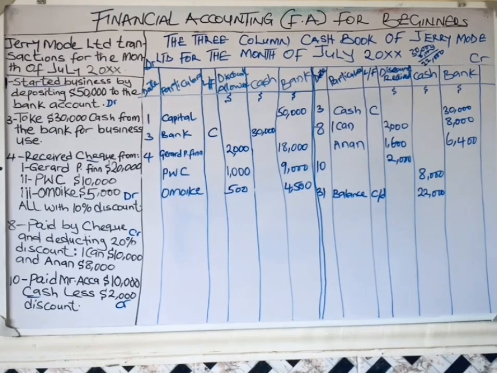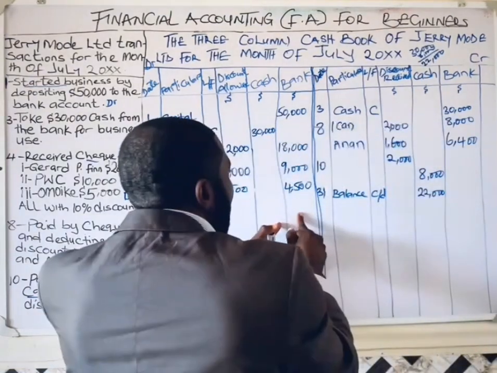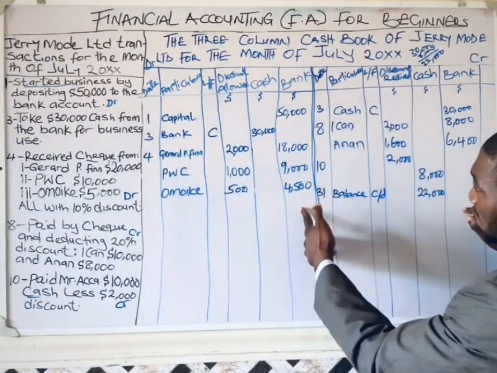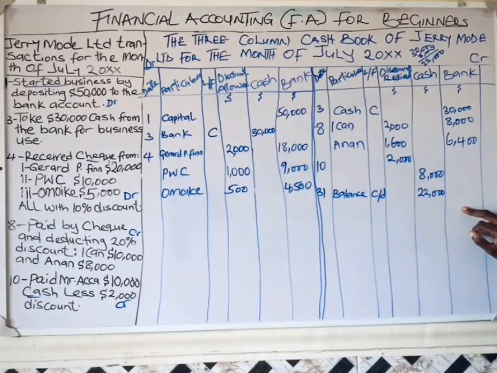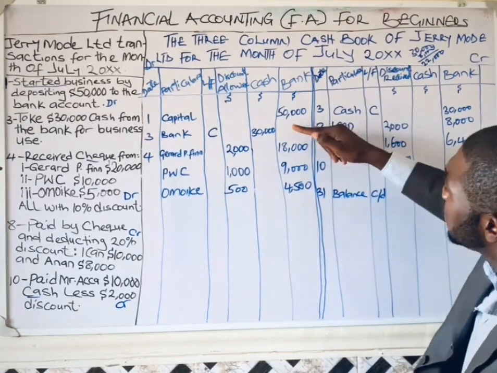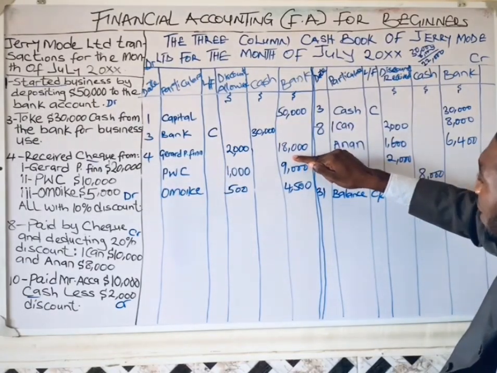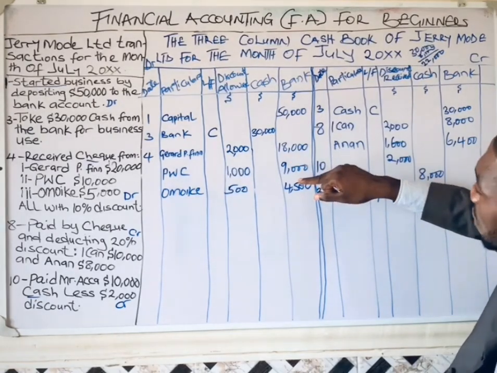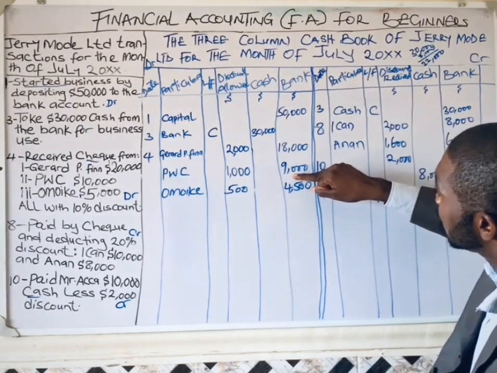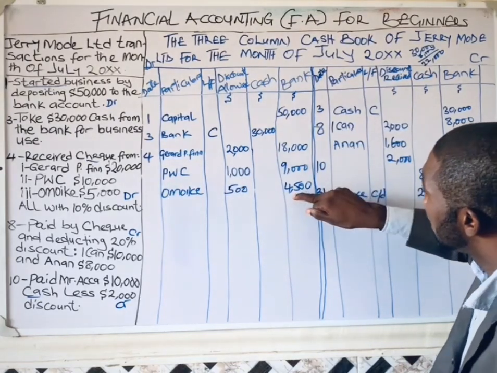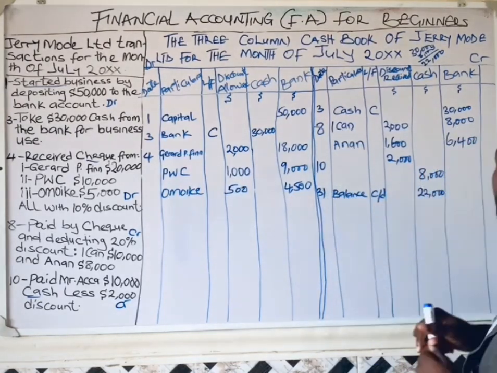Go to your cash column, $22,000. So you compare the bank of the debit side and the bank of the credit side. Now let's look at it. We have $50,000. We have $18,000. That is $68,000. So this will give you $77,000, and this will give you $81,500.